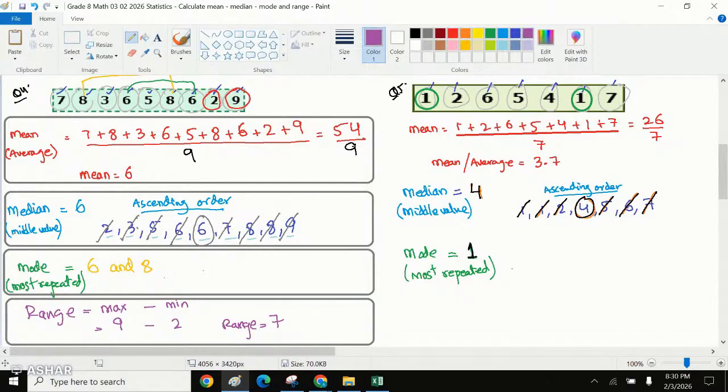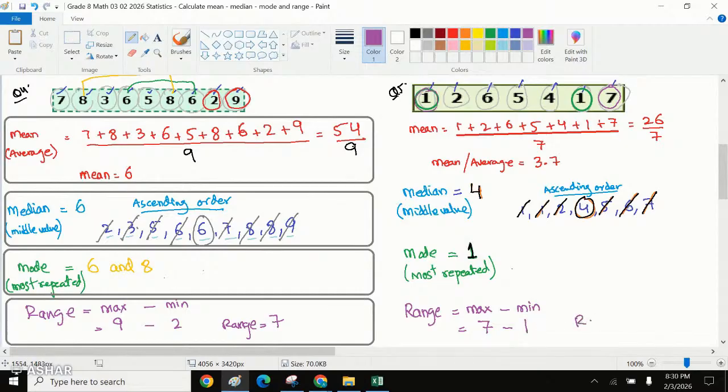Let's move ahead for the range, right? So the range means maximum score minus the minimum score. What was the maximum score? The maximum score we can say was 7 minus 1.